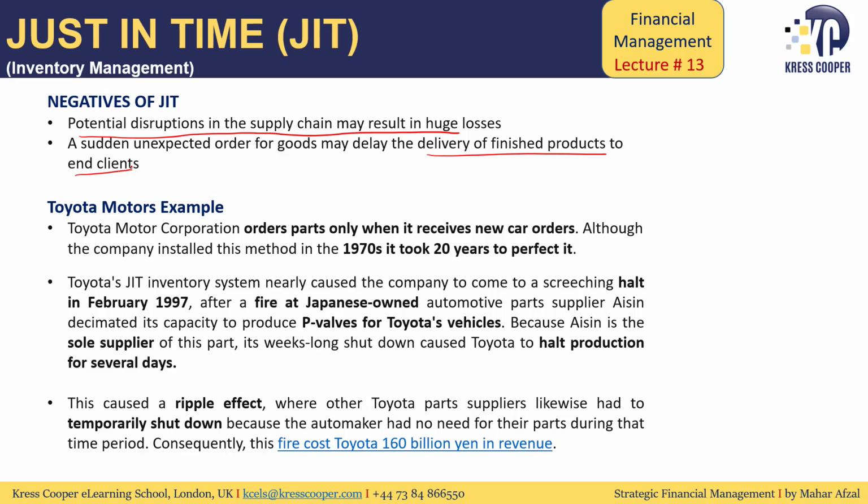This is one example, the Toyota Motors example. Toyota Motors Corporation orders parts only when it receives a new order. When a new order is received, Toyota places the order for the parts. The company installed this method in 1970 and it took 20 years to make it perfect.